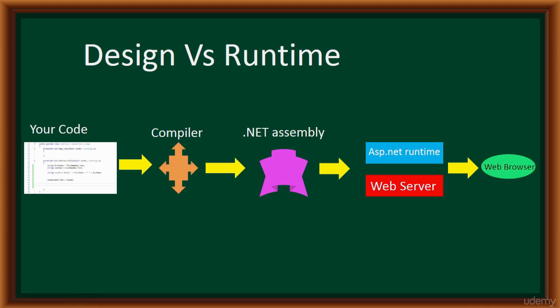The code is compiled into a .NET assembly, which typically can be a single file with a .dll file extension. In the case of a web application, that will be used and referenced whenever we want to serve up the web page. A web server then launches ASP.NET, which in turn calls that DLL assembly into play, requesting a definition of the identity.aspx file, or whatever name you've called your file.